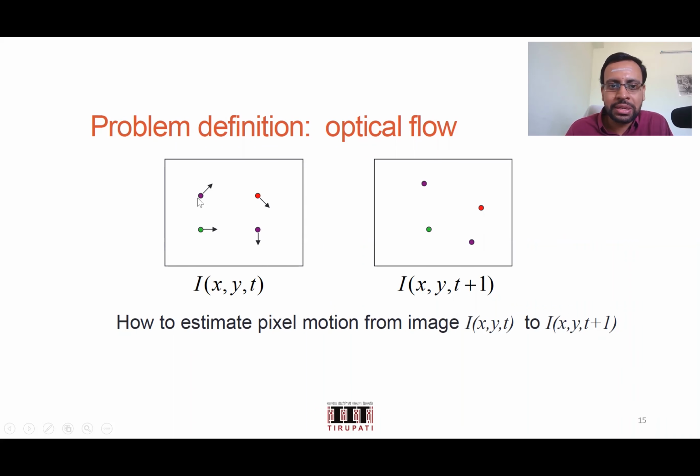Now the goal in optical flow is to find how much I should move this pixel such that it maps with this in the next subsequent frame. So I need to find out x plus u, the displacement in the x direction, and the displacement in the y direction. These are the two things I would find out such that the pixel intensities in the first frame would match with the pixel intensities in the second frame by moving these pixels.